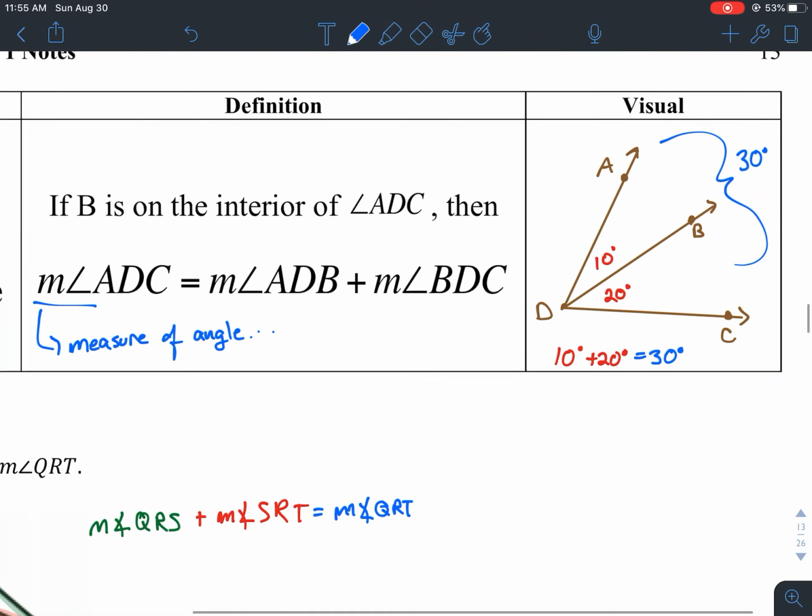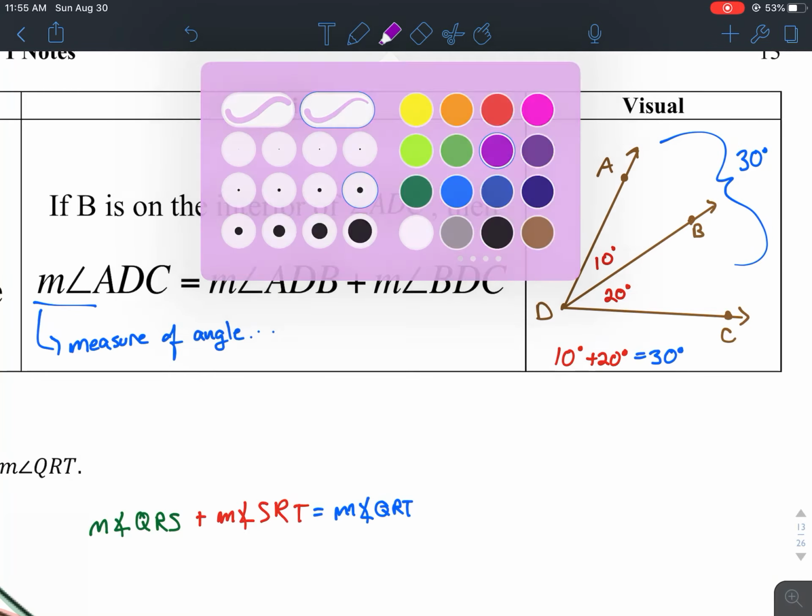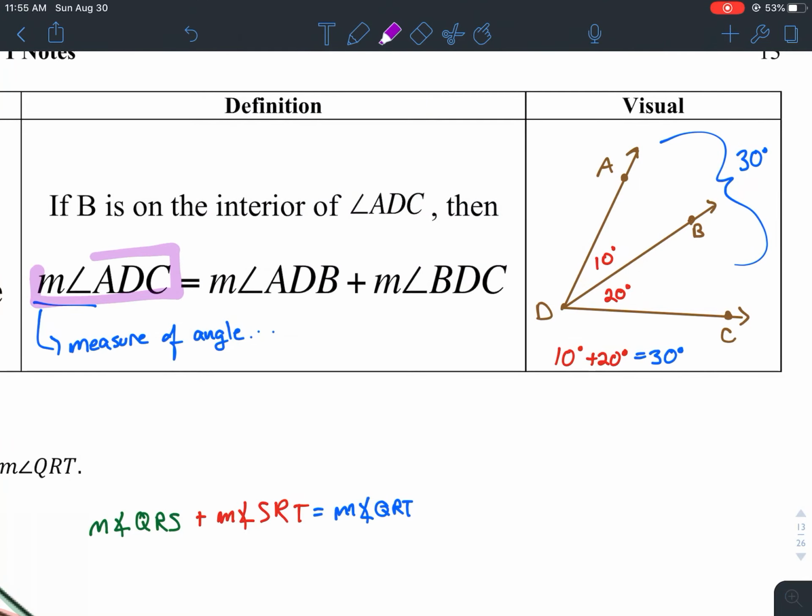So a visual representation of this mathematical statement would be what we have over here. I'm going to use some labeling to help us out. Measure of angle ADC, that is the whole thing. That's a big angle. Because technically there are 3 sets of angles in this image. You got the big one, ADC.